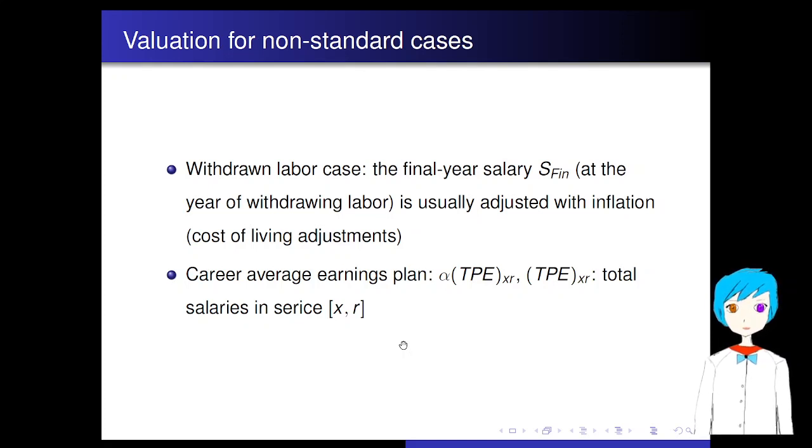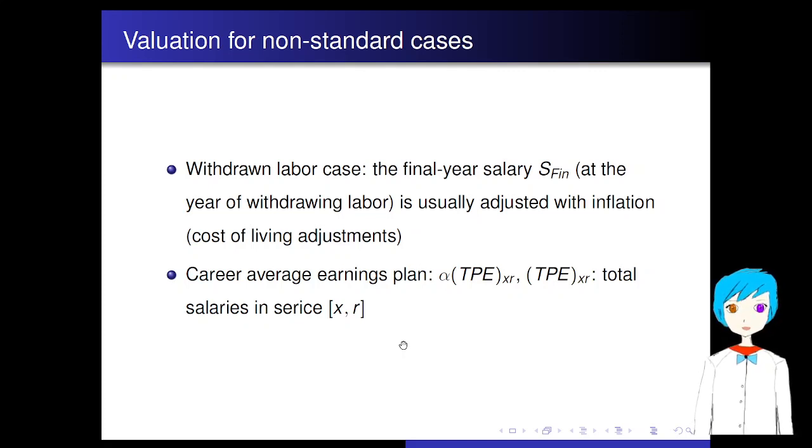Because of inflation, the final year salary with no labor withdrawn is usually not enough, and therefore S final is usually adjusted with inflation. This is called the cost of living adjustment.